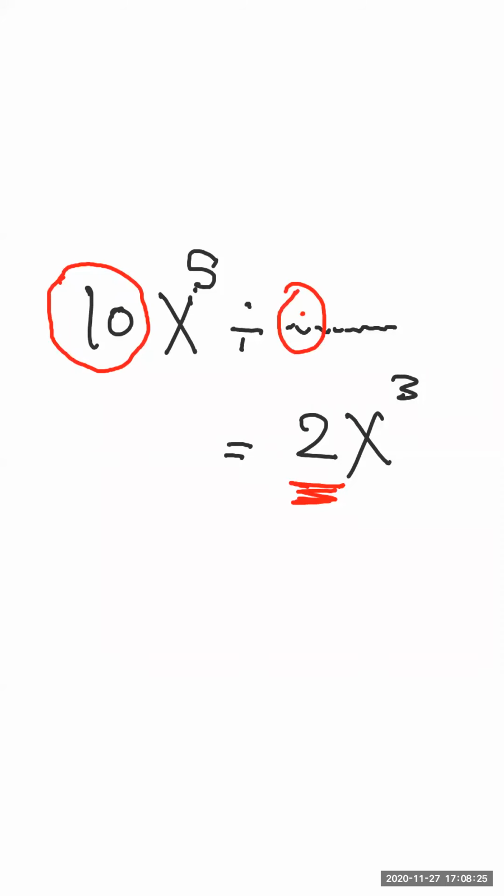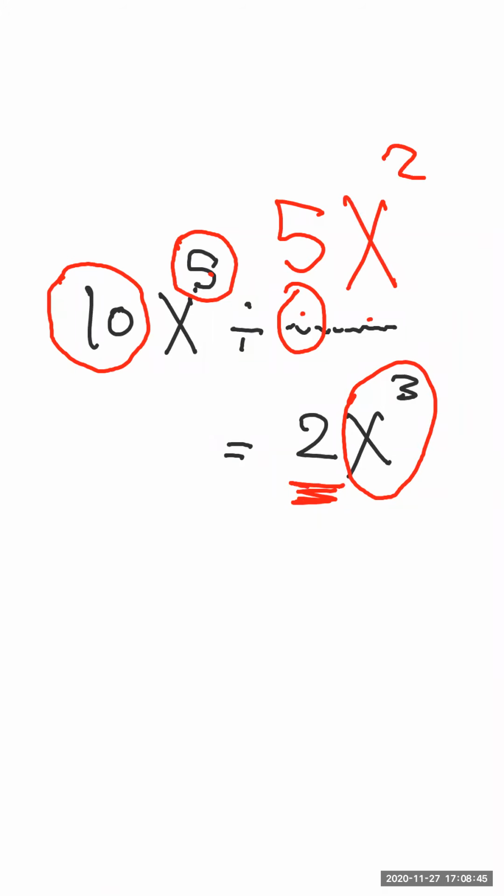So of course here is 5, right? Then x at the power of 5 divided by a variable, so that it becomes x at the power of 3. So this means 5, then x squared. Very good.